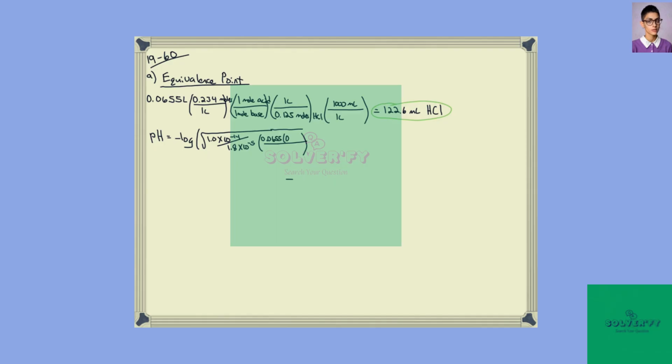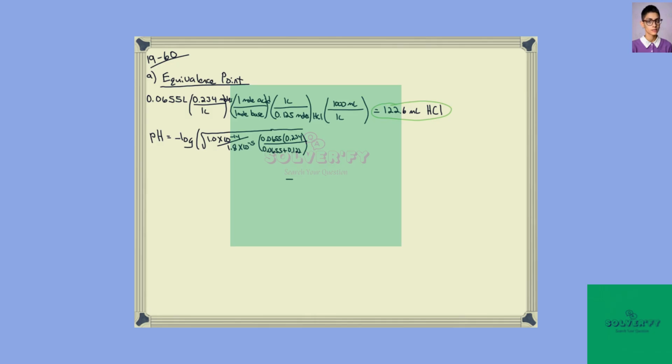Well, because all of the ammonia has become ammonium, every mole of ammonia is now a mole of ammonium. So if we calculate the moles of ammonia we started with, 0.0655 liters multiplied by the concentration of ammonia, and divide that by the new volume, this will be the moles of the now formed ammonium divided by the new volume, which gives us the concentration of ammonium.